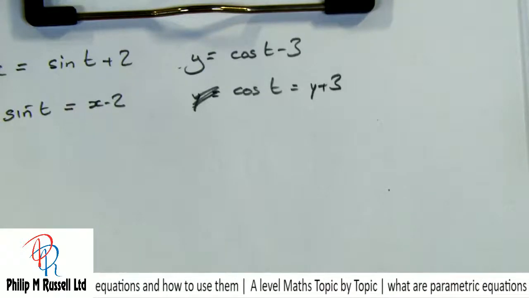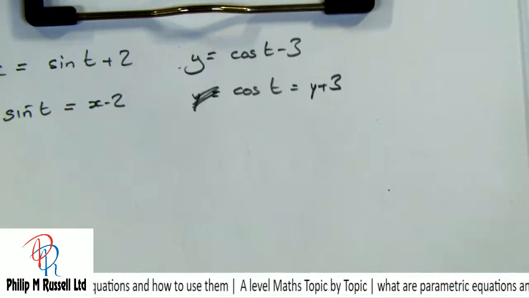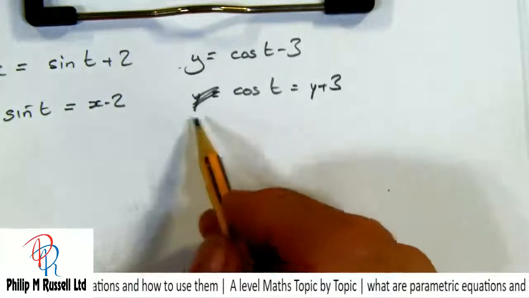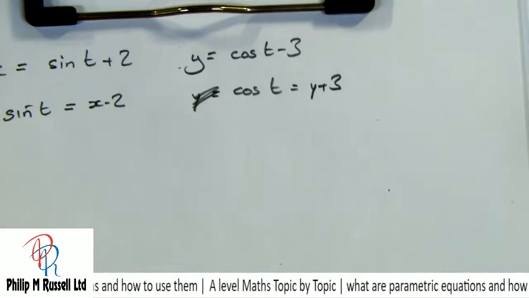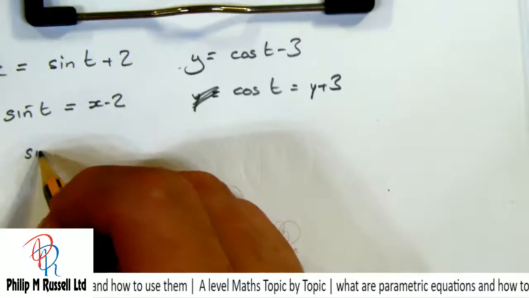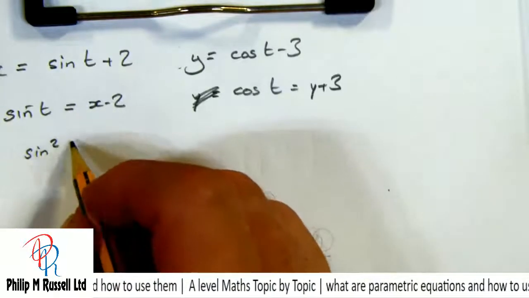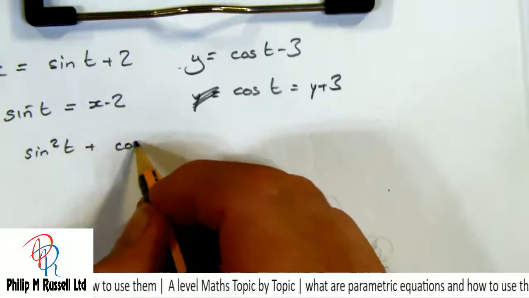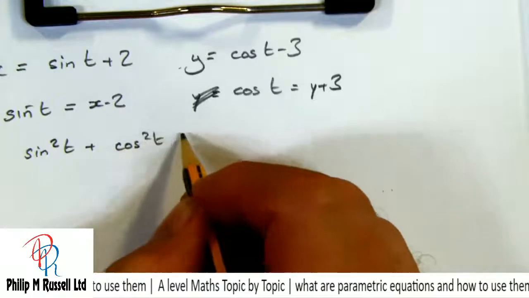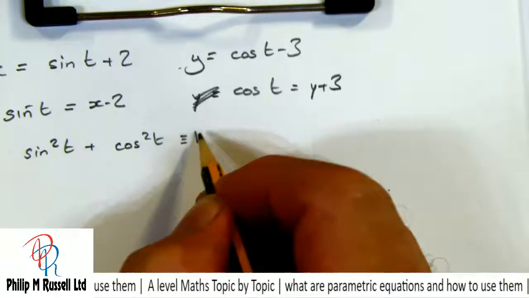Now, what do we know to try and join these two together? Well, I know that sine squared t plus cos squared t is equivalent to 1.